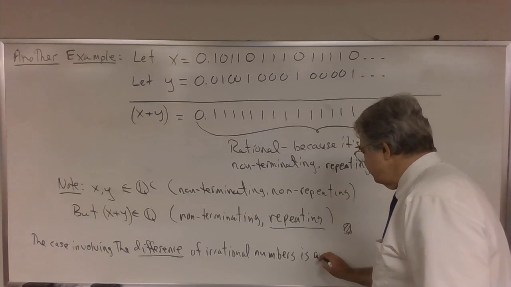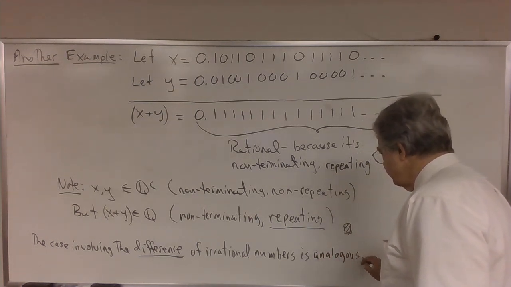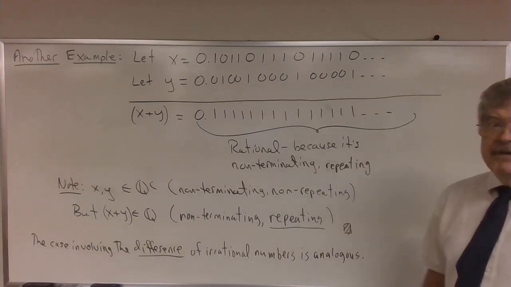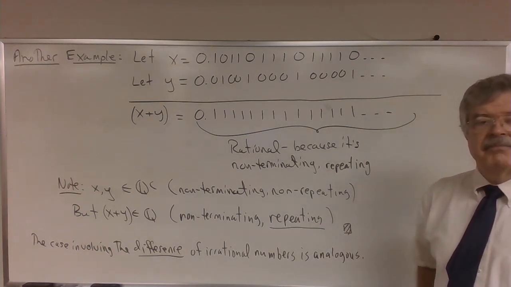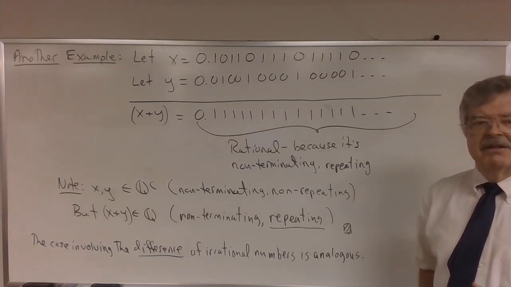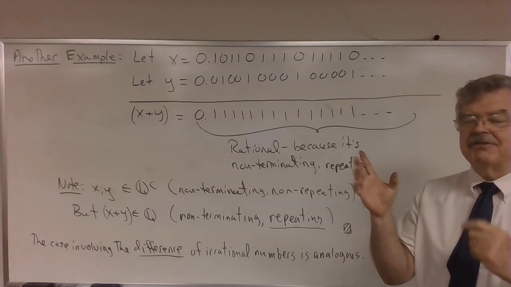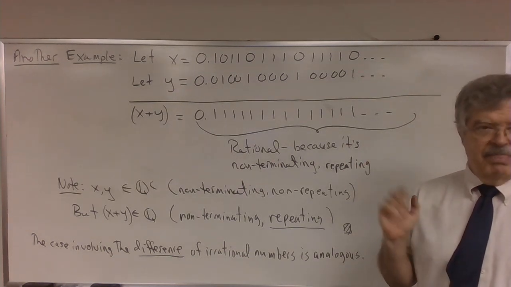Is analogous. As a matter of fact, what we could do is say, okay, let x be square root of 2, let y be square root of 2, x minus y is 0. There we have it.